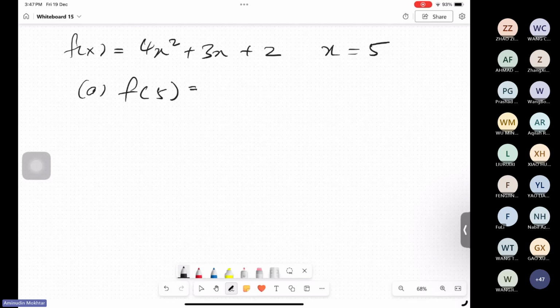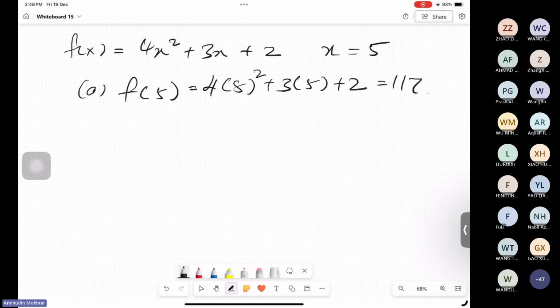We just substitute x in the equation: 4 times 5 squared plus 3 times 5 plus 2. Okay, the answer is 117. So the first rule is fulfilled. The value of y is defined.